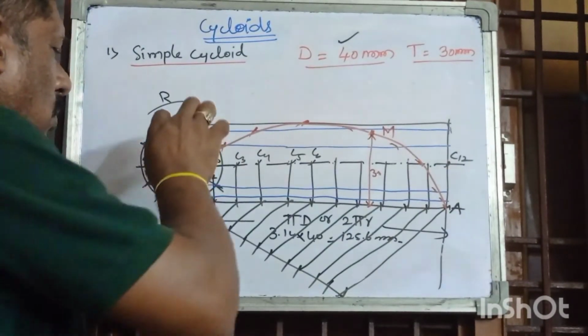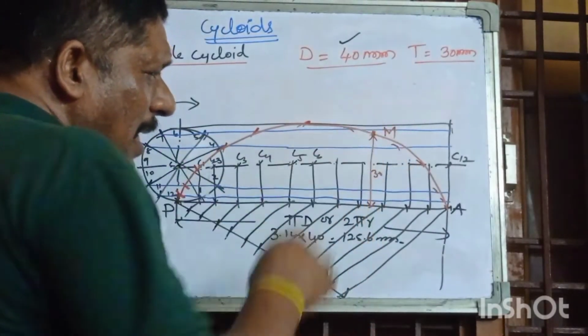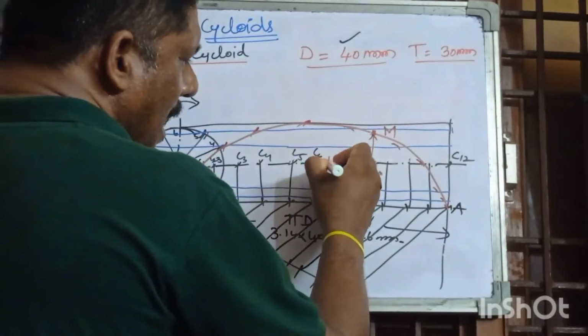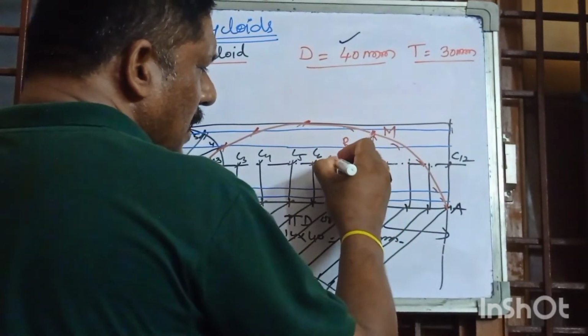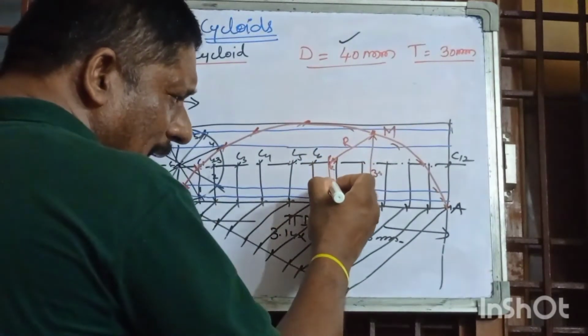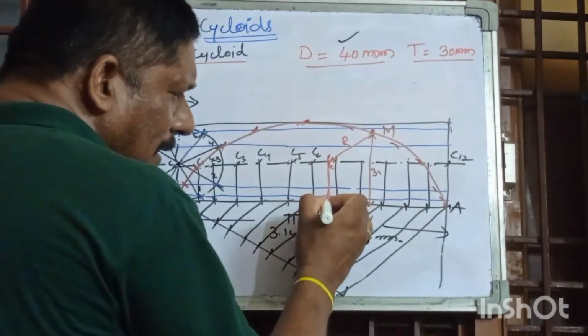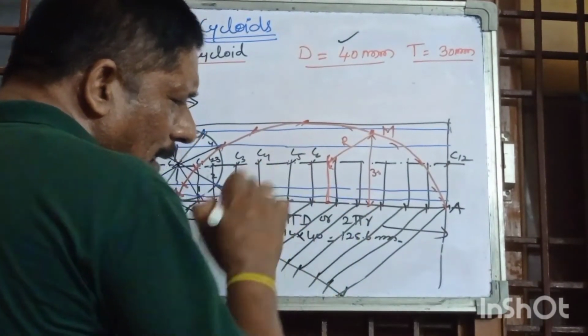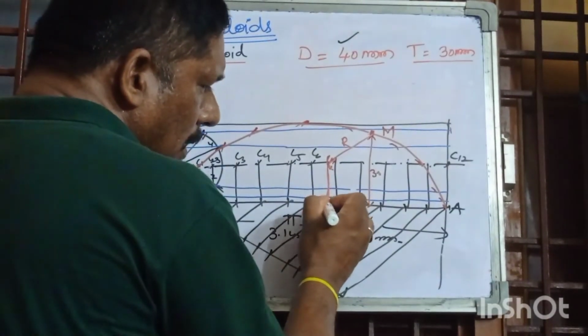And now once again take the radius of the circle. Keep M as the center and cut the axis line. This is the radius of the circle. So you are getting a point here. From here draw the vertical line, which should be parallel to the vertical axis line, up to the supporting line, or the ground, we can call it ground.